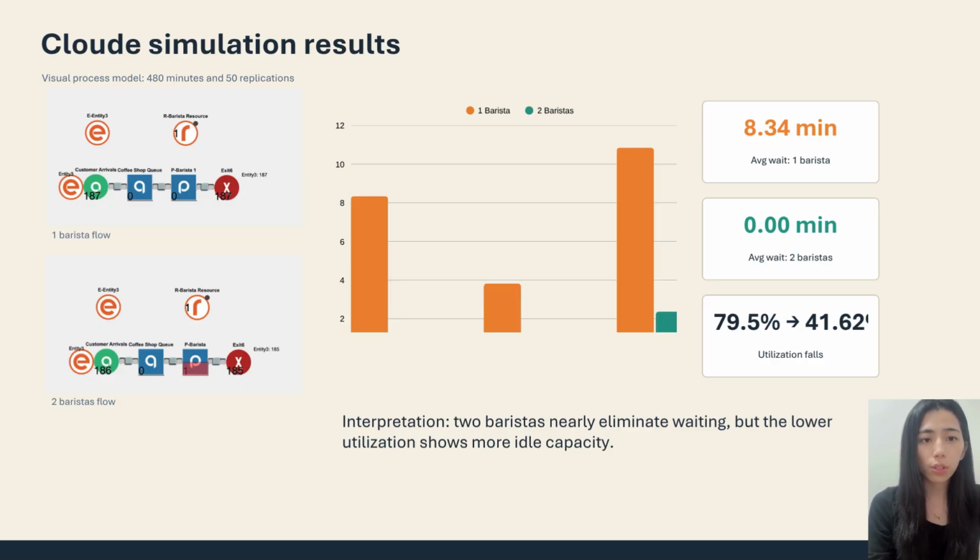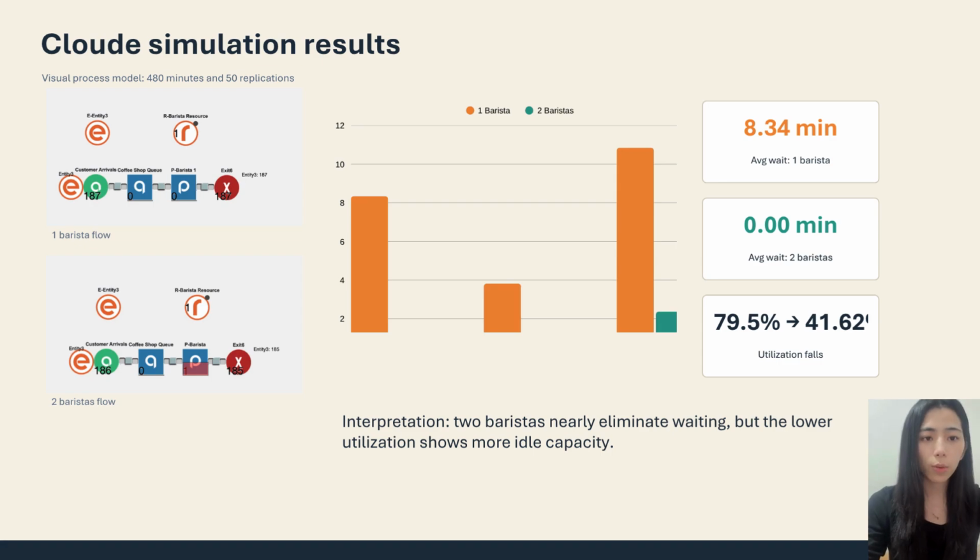In the two barista system, the average number of customer arrivals was very similar, around 200 customers. So the comparison is fair, however, the performance improved a lot. The average queue size dropped from 3.8 to 0.16, and the average wait time dropped from 8.3 minutes to almost zero minutes, and the average time in the system also decreased from 10.8 to 2.3 minutes.